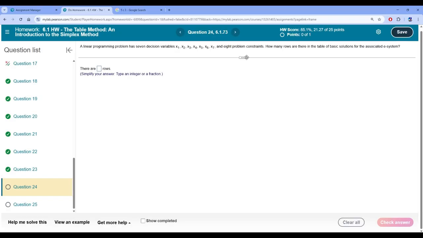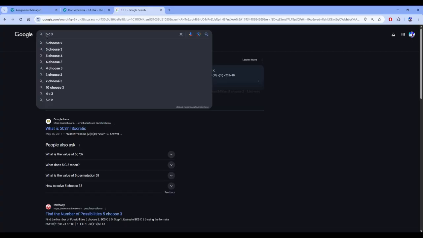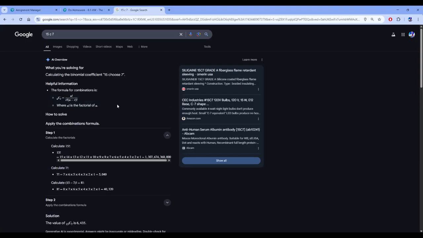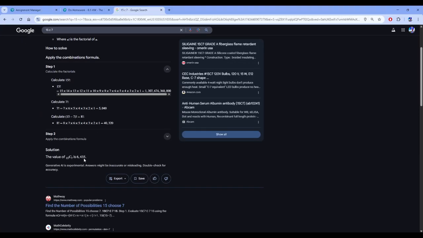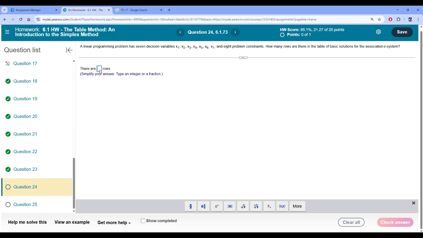So here, 8 plus 7 is 15. 15 choose 7. The value is 6,435. 6435.